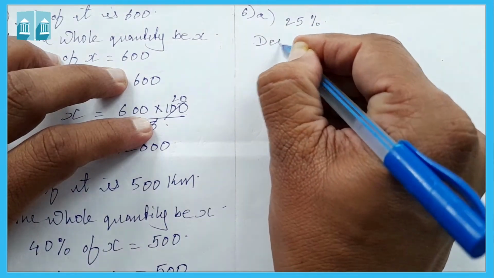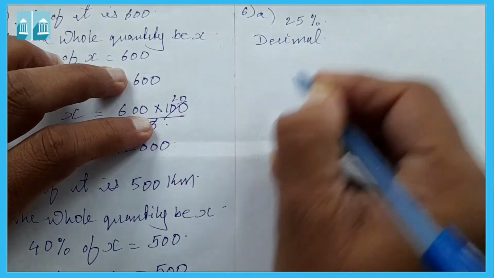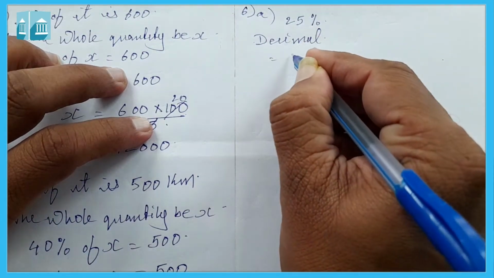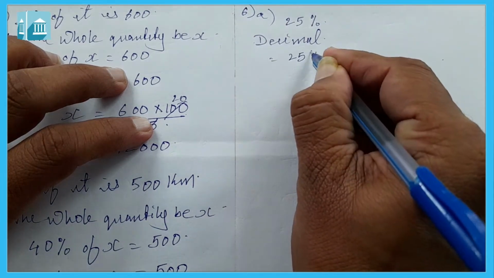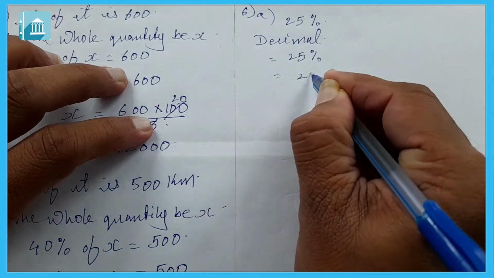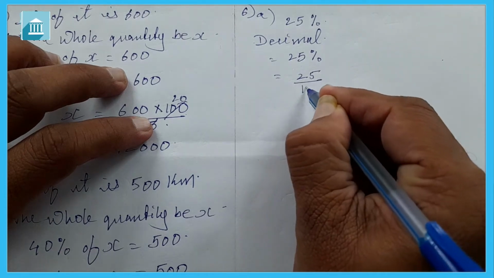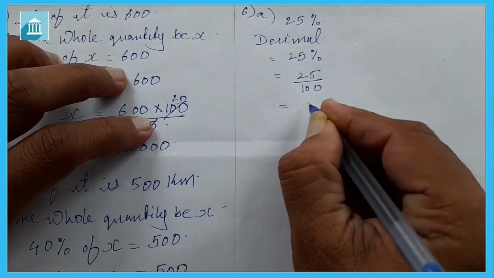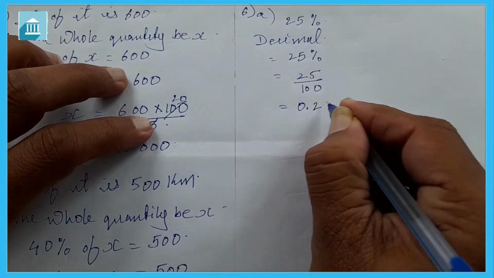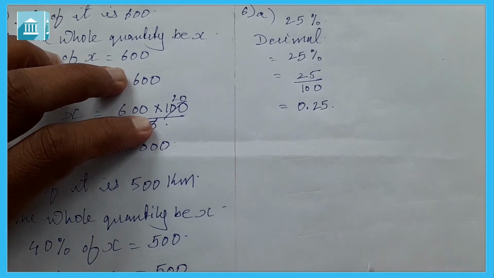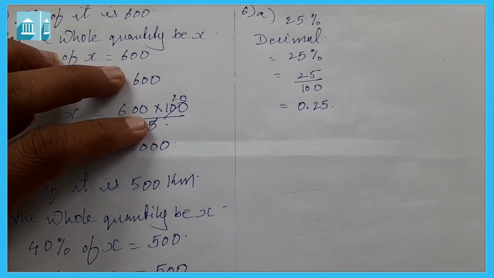Let us first convert it into the decimal. So this 25% is equal to 25 upon 100, which is equal to 0.25. 25% means 25 upon 100, which is equal to 0.25.